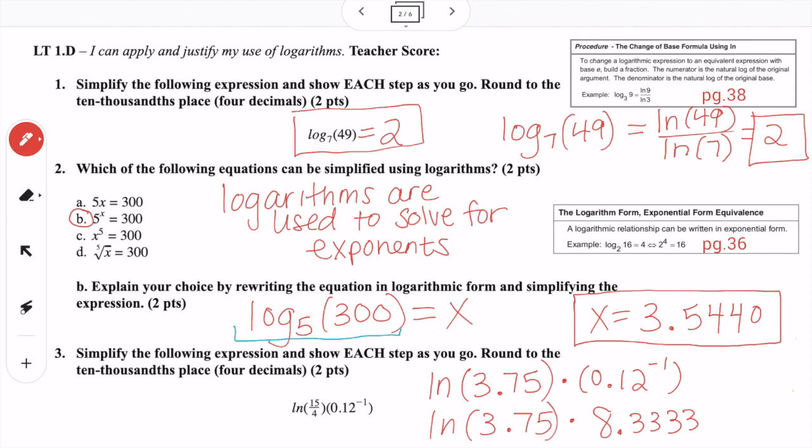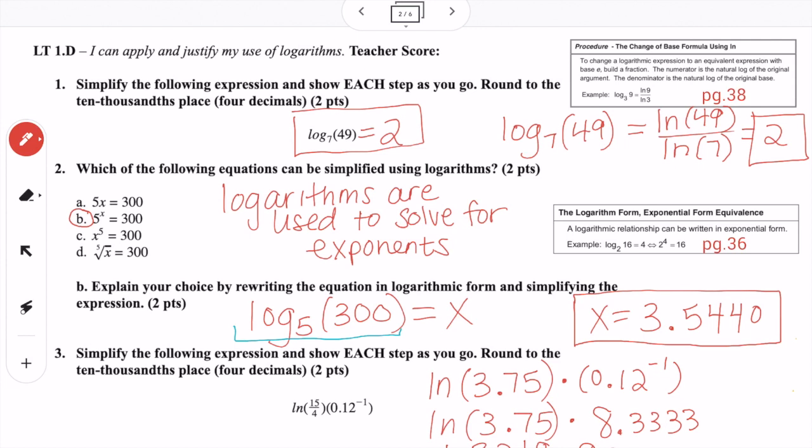Now the natural log actually is an operation, so I need to do the natural log of 3.75 now. I'll type that into my calculator. There is a button for the natural log. And I get 1.3218. Again, I had to round slightly.